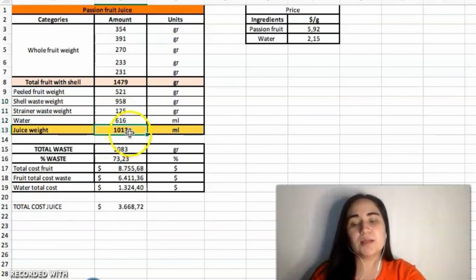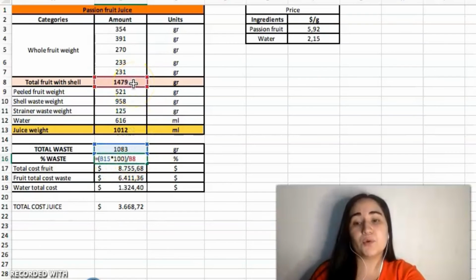Here we calculate the amount of juice that we obtain, that is basically the total of the fruit plus the water minus the strainer waste weight. Here we calculate the total waste, that is basically adding the two wastes. Then we calculate the percentage of the waste, that is basically the total waste multiplied by 100 and divided by the total of the fruit with the shell.